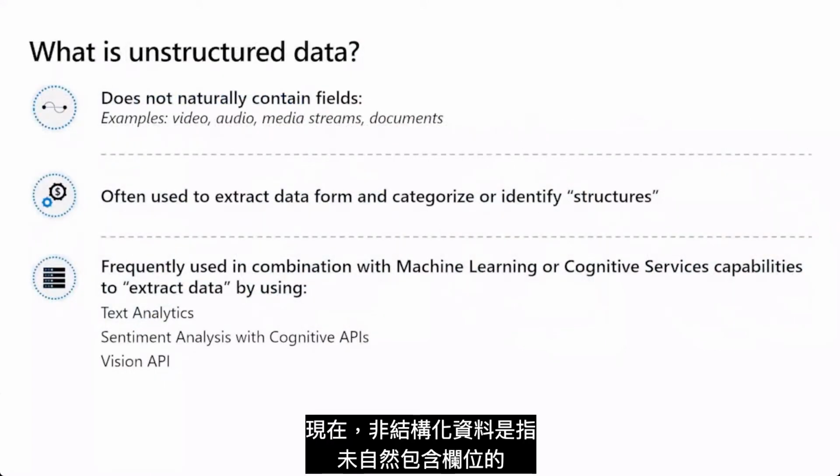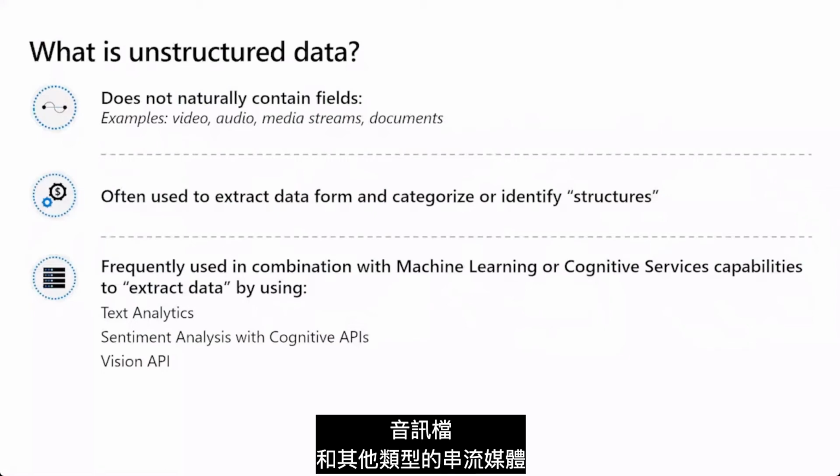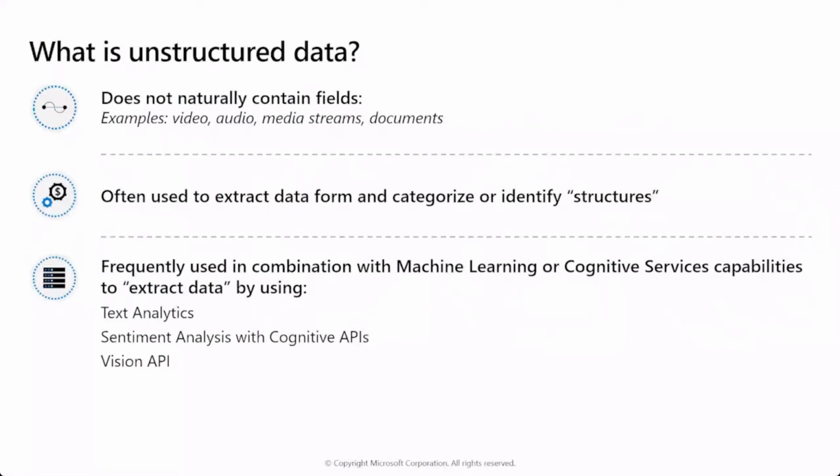Now, unstructured data is data that doesn't naturally contain fields. Examples include video files, audio files, and other types of media streams. Each data item is a blob or binary data, and so you can't actually search on any specific elements inside this kind of data.